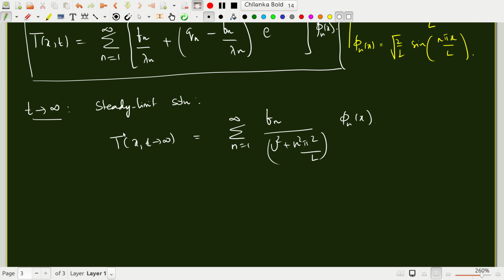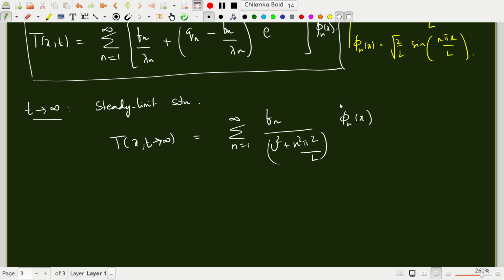Now this is what we already solved in the previous module for the steady state problem, and the unsteady state solution as time t goes to infinity should obviously agree with the steady state solution we derived. So if you look at the previous module, we had just solved the steady state solution for this problem.